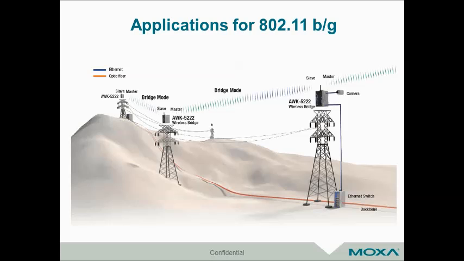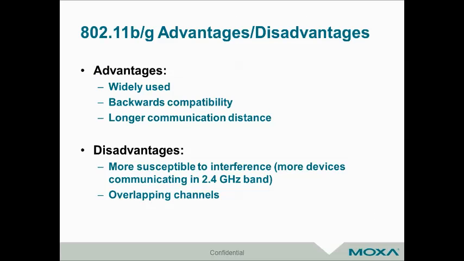This type of application is replicable in many different environments, whether it's oil and gas, or communication across transportation mediums. This is a very good example of what you would be using 2.4 gigahertz to do. It's clean space, it's got decent distances, and it still gives you great bandwidth. So even if you are pushing larger volumes of data through, such as video or a lot of data points, it's a great type of application for that.